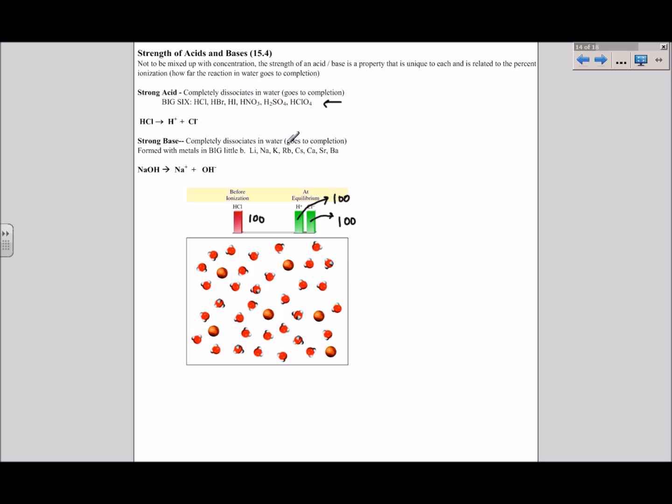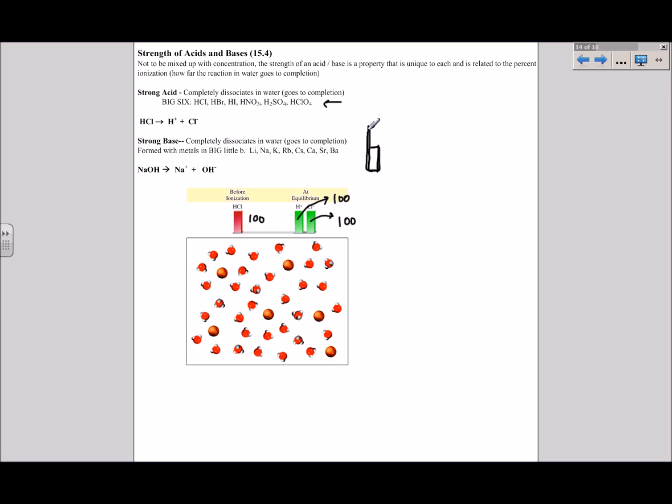Now the strong bases also completely dissociate in water. And the strong bases are identified by the soluble hydroxides. So if you look at the periodic table and you look from lithium downwards, and then you look from calcium downwards on the periodic table, what you can see forming is what I refer to as the big little b.